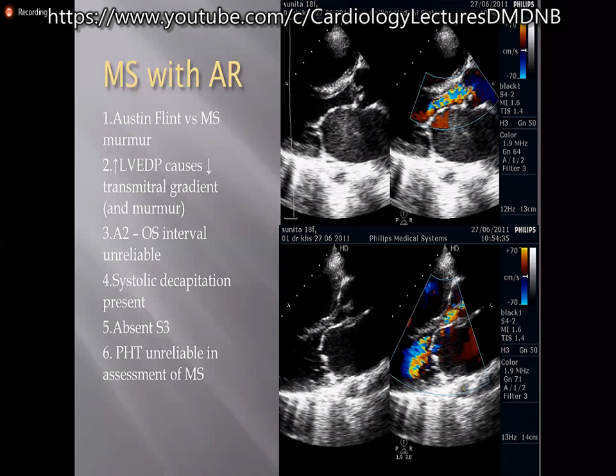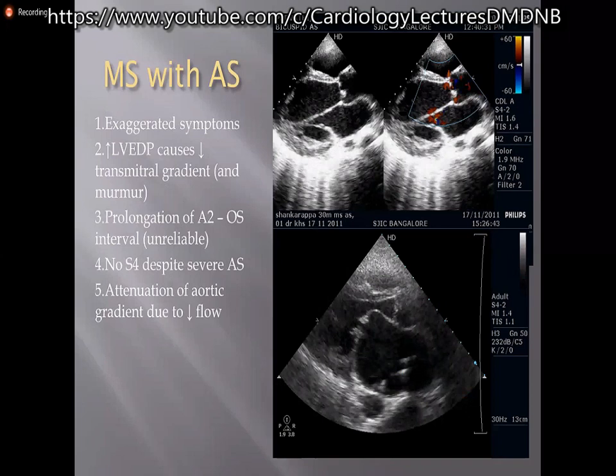As a result, you will not be able to assess the severity of MS by A2-OS interval, and also other clinical things. In the presence of MS, you don't get S3 or S4, and pressure half-time is unreliable in the assessment of mitral stenosis when there is an associated severe AR.